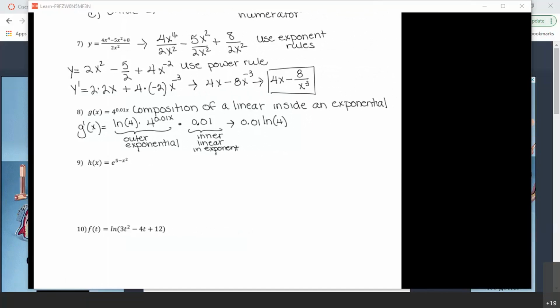It's an irrational number, and if you leave it as ln, you're getting all the decimal places that come with ln 4. If you approximate it, you're introducing a rounding error. So leave it alone, and then you've got the exponential 4 to the 0.01x. This is about as simple as I can get it.